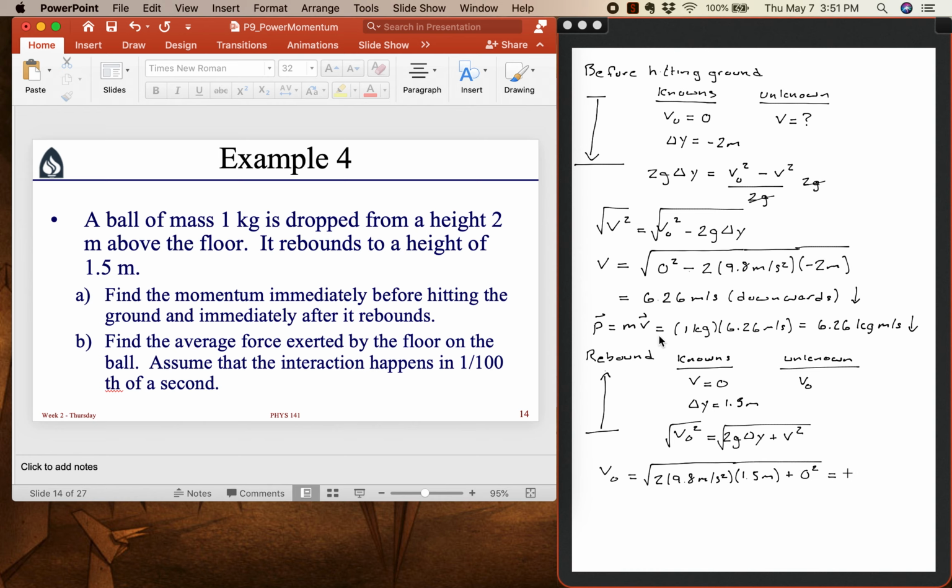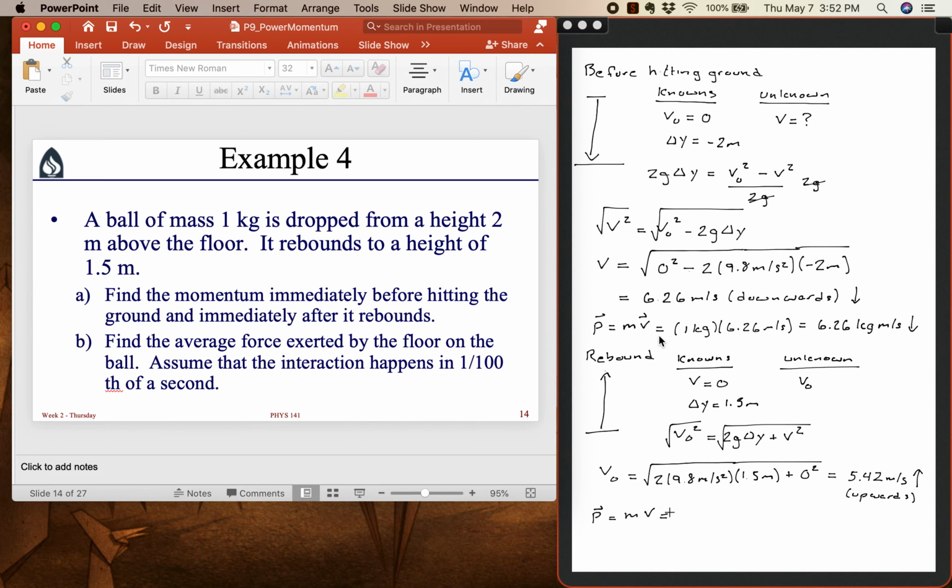So that's going to give me a value of 5.42 meters per second, and this is in the upwards direction. It leaves the floor with an upwards velocity. And then the momentum is going to be equal to the mass times that velocity.